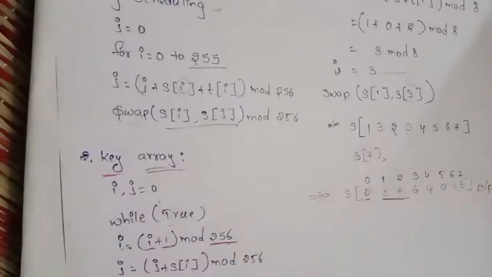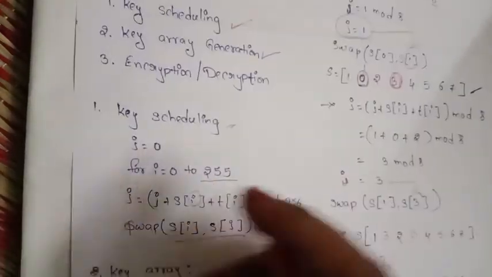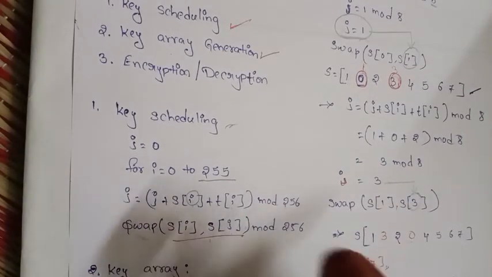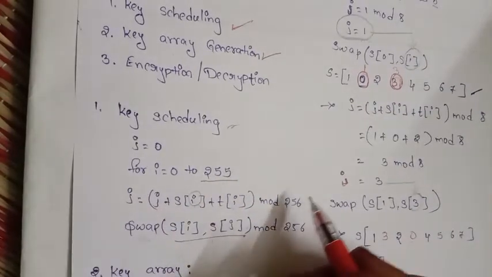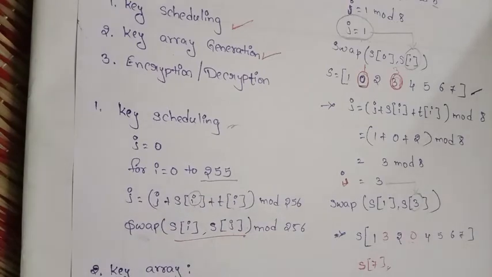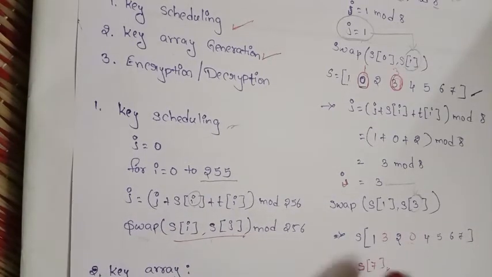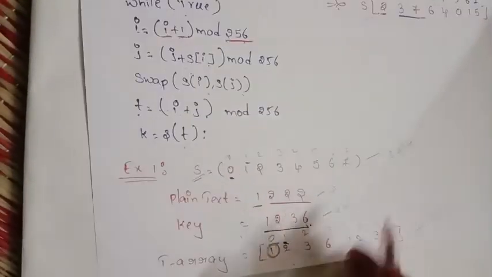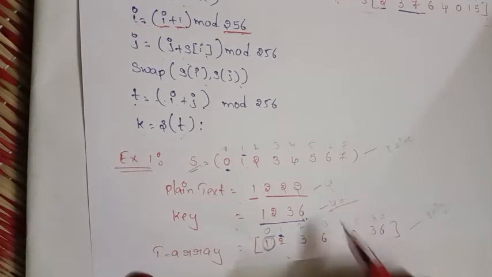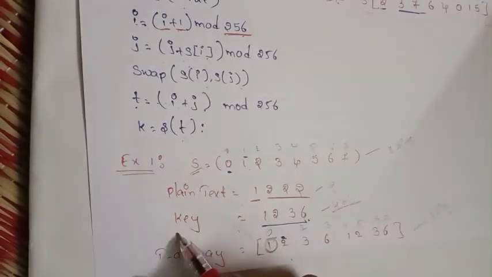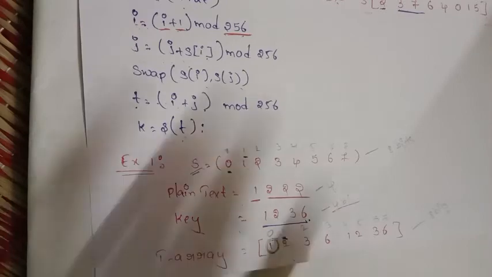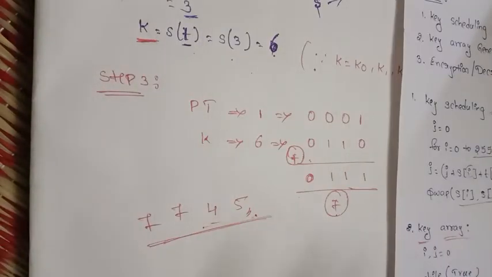In the first step we already saw how to do the key scheduling, and you need to concentrate perfectly on the updated values of j. Every time you need to take the updated values of j. Then in the second step you need to perform the iterations based on the number of key bits you have. You only have 4 key bits, so you need to perform the key array operation only 4 times.